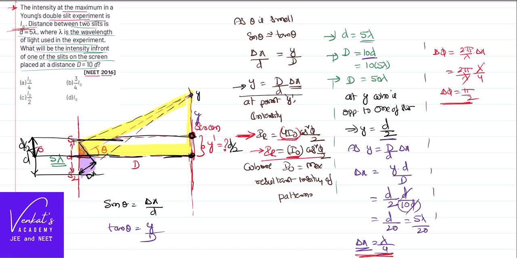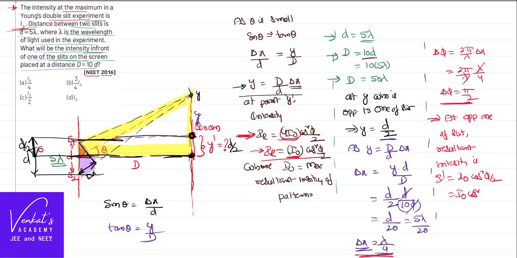So, in this relation, let us find out at a point opposite to one of the slits, the resultant intensity I dash, which is I maximum, given as I naught cos square phi by 2.